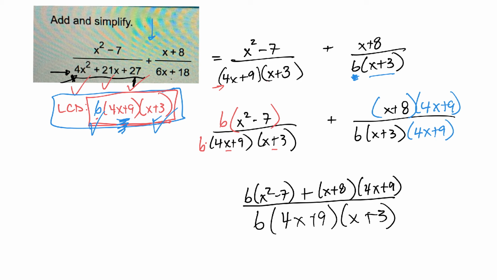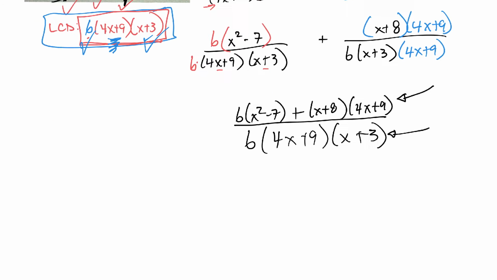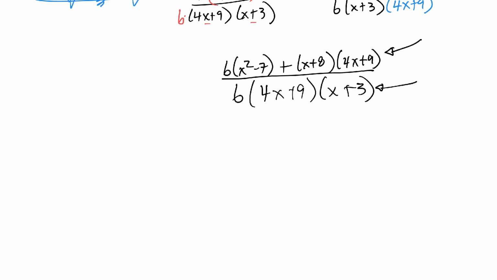Now the question says add and simplify, so I think I can simplify the stuff on top. On the denominator, I'll just leave that as is, but on the top, I think I can multiply those brackets out. I wouldn't bother multiplying them out on the bottom, but since there's an add there that I can collect like terms, I'll multiply the ones on the top.